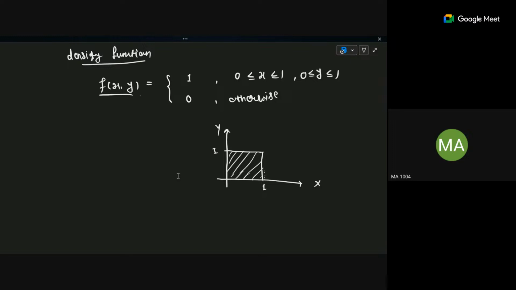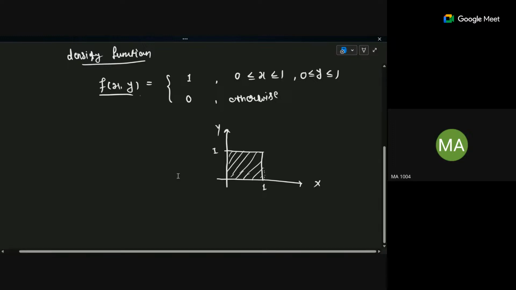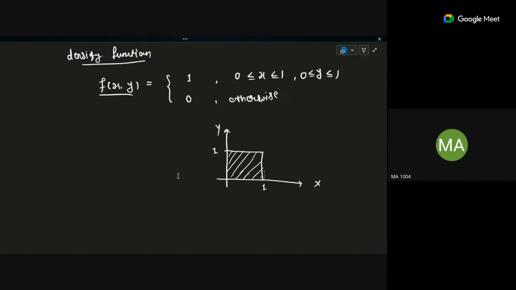So, can you check whether this given density function is valid or not? Is it a valid joint density function? How do we check it? We integrate f of x comma y dx dy, with the range 0 to 1 for both x and y.